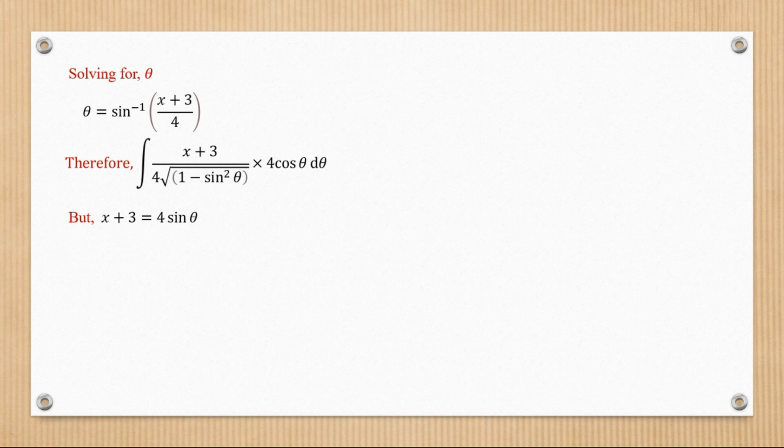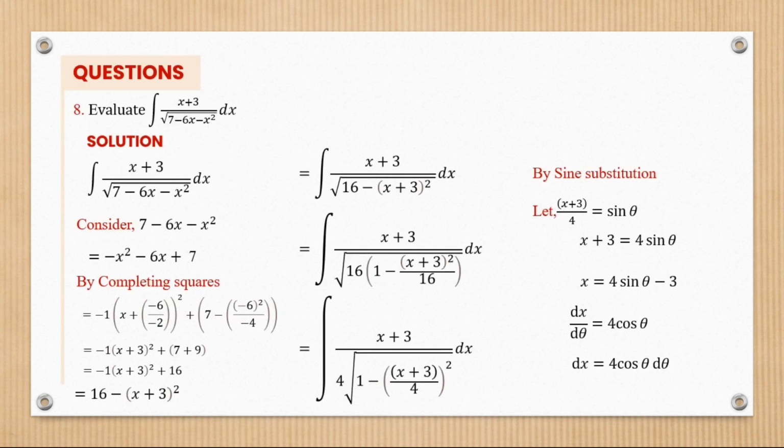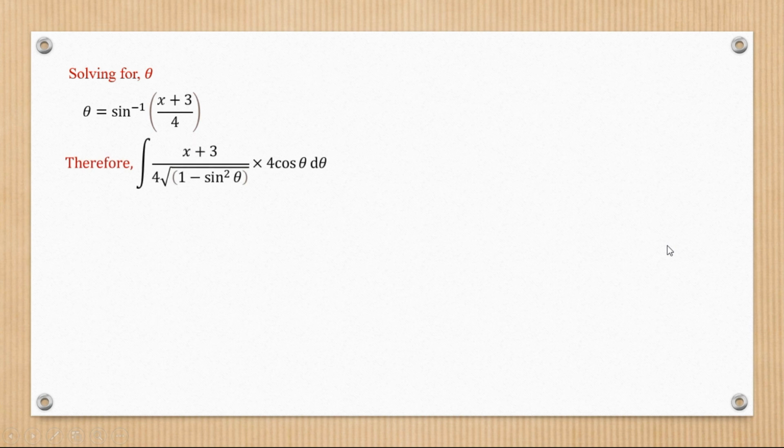But you remember that x plus 3 shall be equal to 4 sine theta. How did we know that? We can clearly see it right here: x plus 3 is equal to 4 sine theta. So I can already see that this 4 and this 4 shall cancel in the process, and then this is what I end up having. So there is x plus 3, we replace that with 4 sine theta.